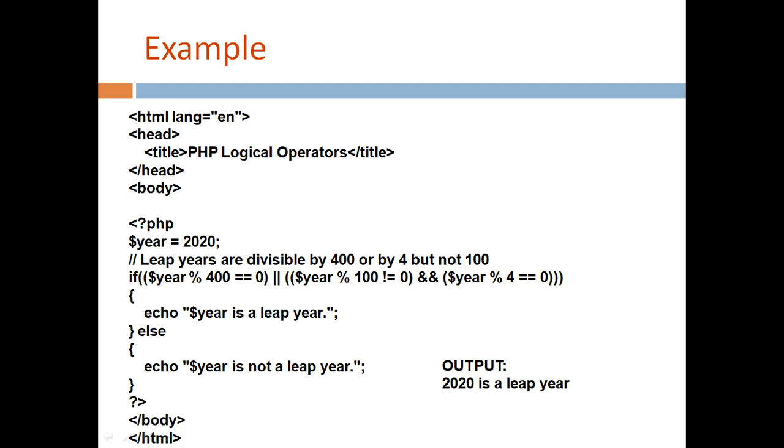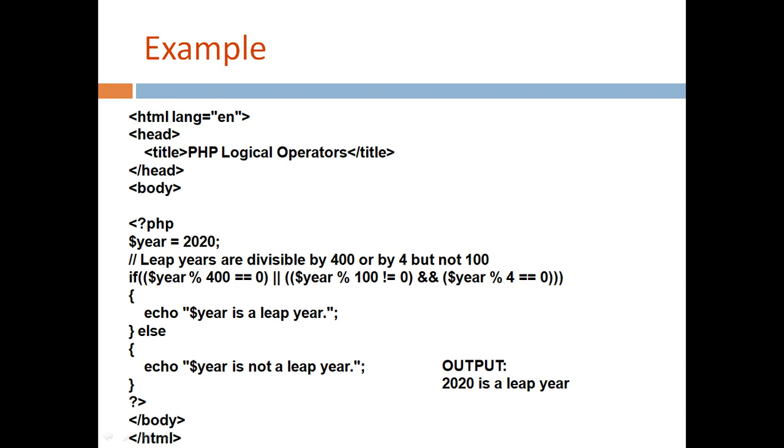So let us see an example program here. We will be seeing the conditional statements in detail in the next video. The input is given here as 2020, and here we know the logic of a leap year: it should be divisible by 4 or 400 but not by 100. When you want to check divisibility, we need to use the remainder modulus operator.